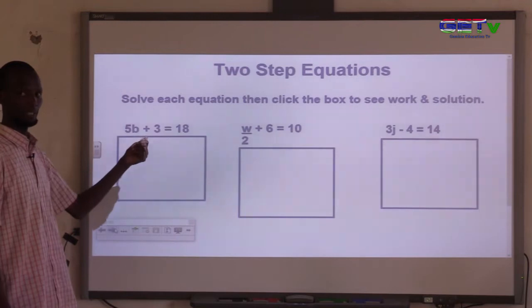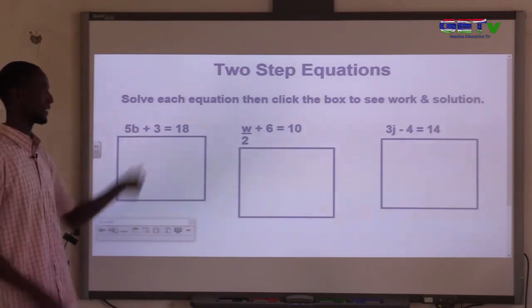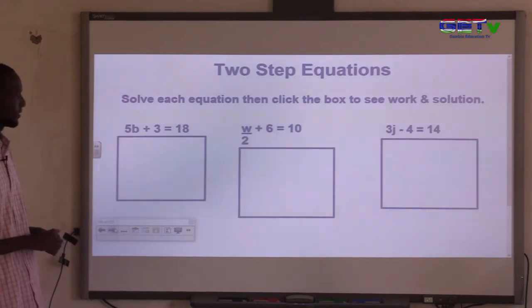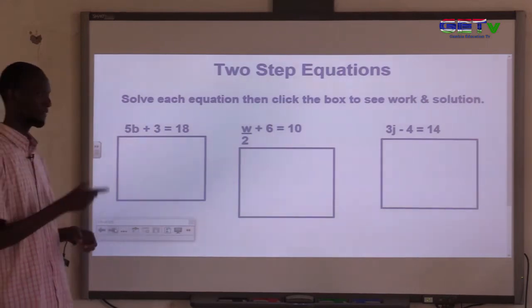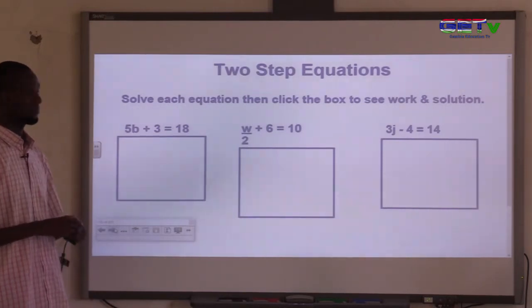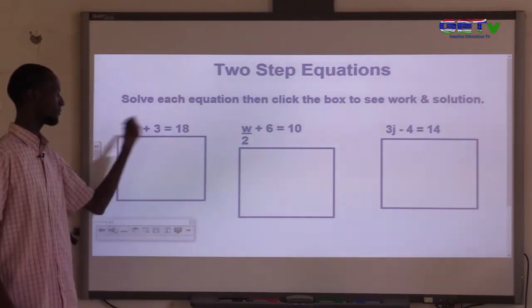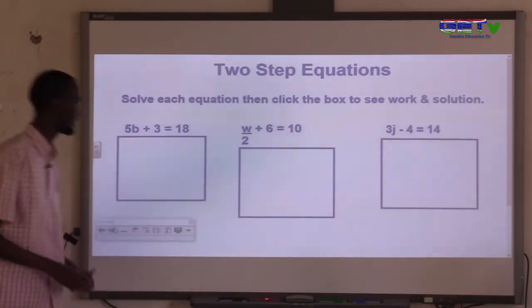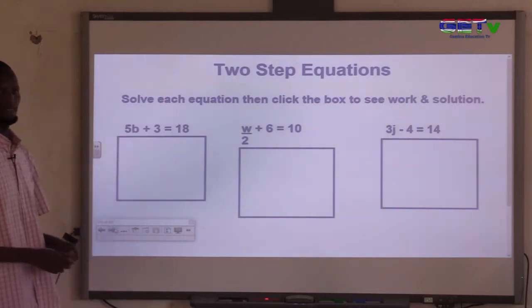5b is 5 times b. That's a multiplication. And then you have addition. Now which one do we undo first? Remember we said we go backwards through the order of operations. So therefore, we need to undo the addition before the multiplication. And what we have there is positive 3.